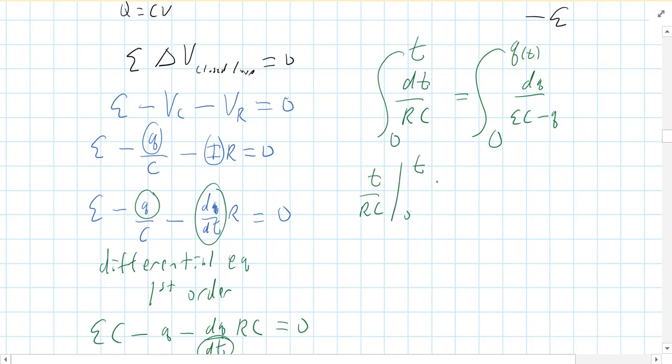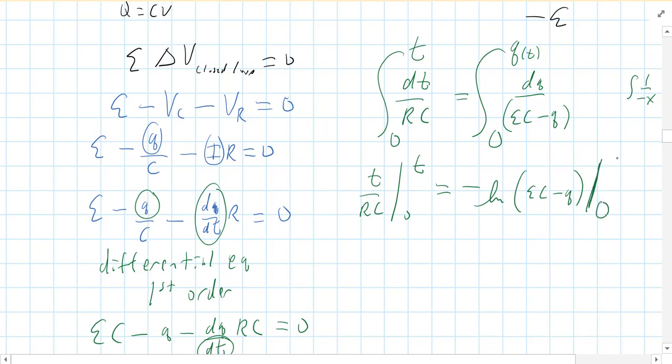How about the right side of our equation? Well, what you're basically integrating is 1 over negative x. The integral of negative 1 over x is negative natural log of x. So instead of x, we have negative natural log of EC minus Q. And here's one of the most important things.